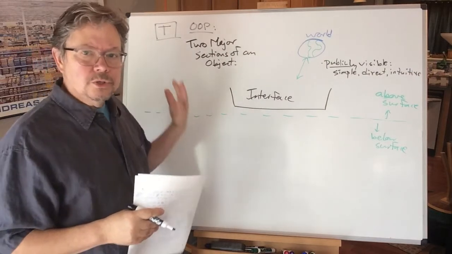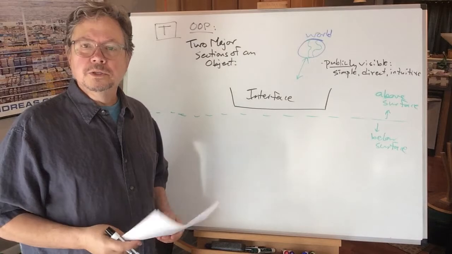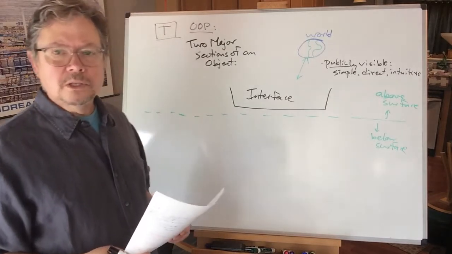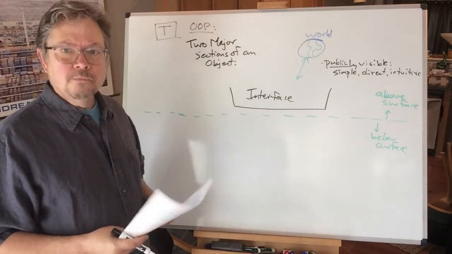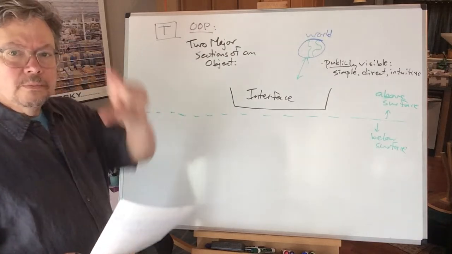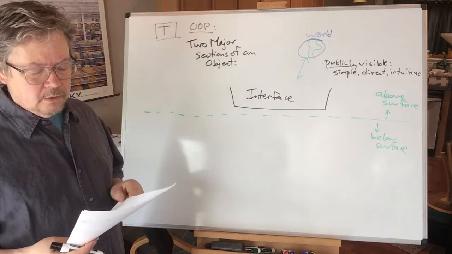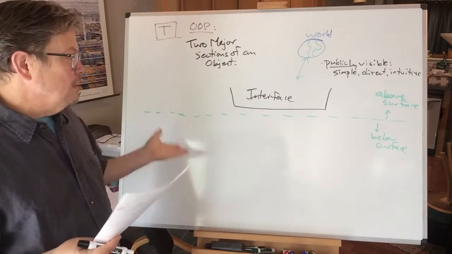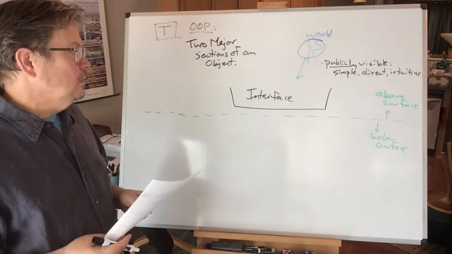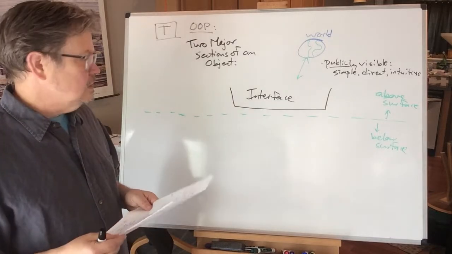Nobody is going to use your object. It's going to fall into disuse no matter how clever or how fancy or how complicated or how fun to play it is. If that game requires a 500-page user manual to be able to use the interface, then you're dead. It's not going to work. So, above the surface, we want that to be clean and just falling off a log, easy to use.